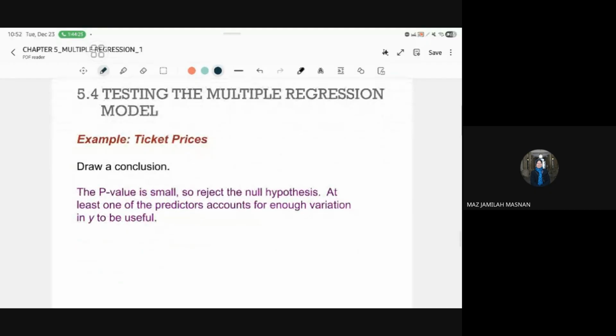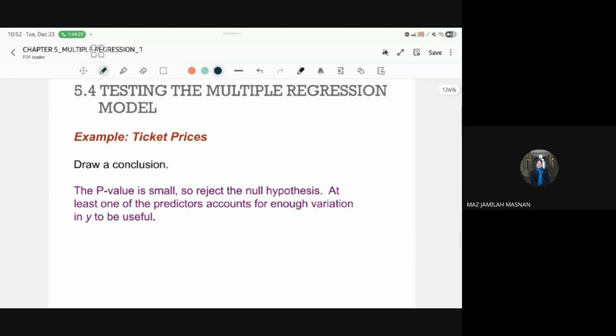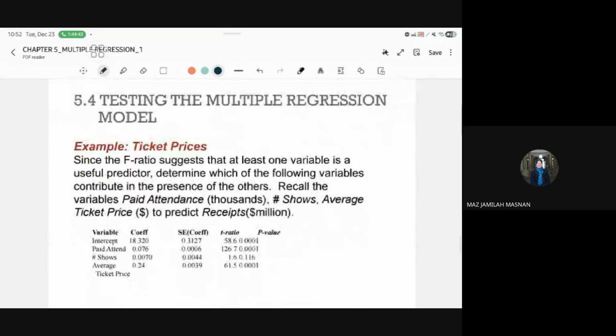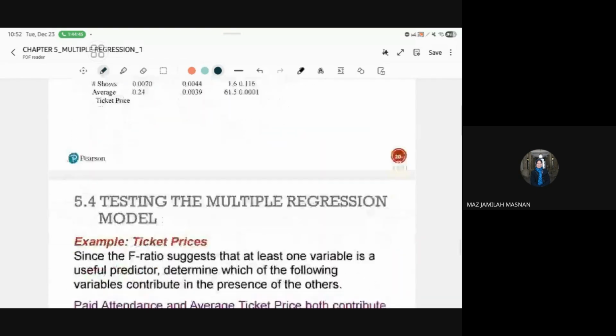So what can we conclude? Since the p-value is small, we reject the null hypothesis. At least one of the predictors accounts for enough variation in Y to be useful. This is how you can interpret the hypothesis test. Now, next.